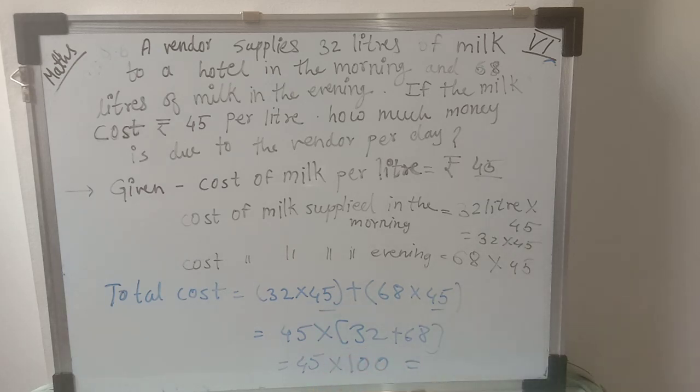Okay, and if you multiply 45 with 100, you will get 45 with 2 zeros. So the cost of the 100 liters of milk is 4,500. So 100 liters of milk he was supplying to the hotel every day, and how much money is due to the vendor per day, that was 4,500.